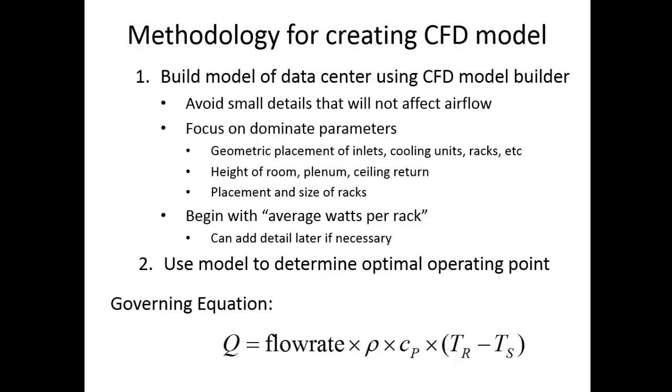Same exact equation for the cooling unit as it is for the rack, of course. So what you really want is the delta T's to be exactly the same, because most of this other stuff hopefully is the same. You get the aggregate flow rate the same between supply and demand. Density doesn't change, specific heat doesn't change. So you can see where this turns into a relationship between flow rate and delta T for a given heat load.